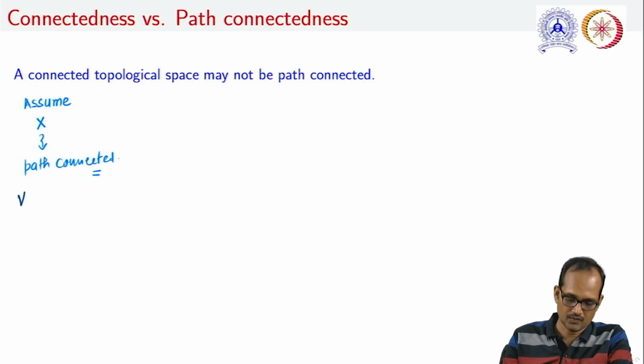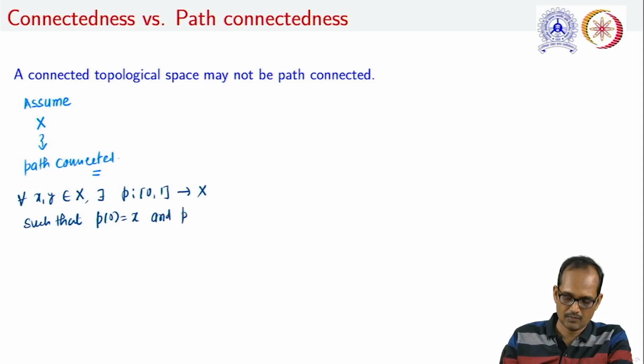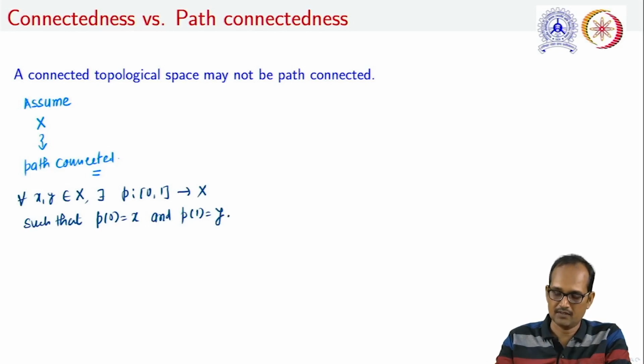If this is path connected, then for all elements x and y in X, there exists a continuous function p from the closed interval [0, 1] to X, with the condition that p(0) = x and p(1) = y.